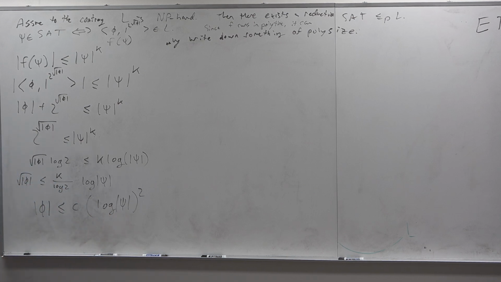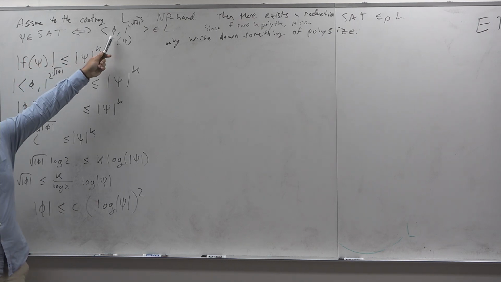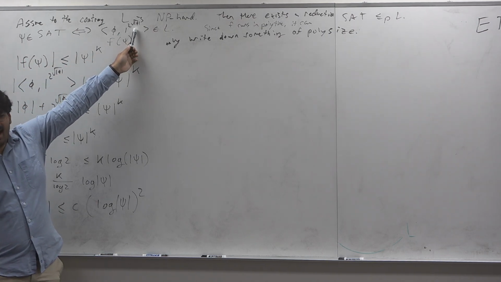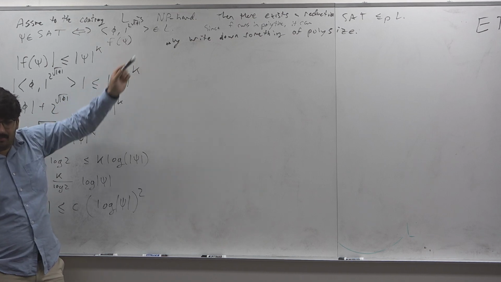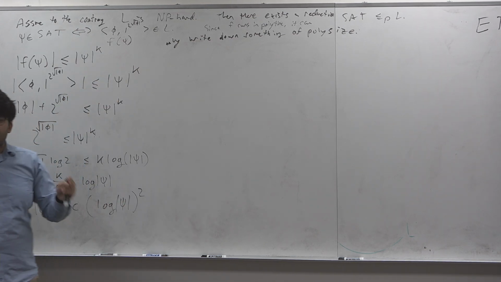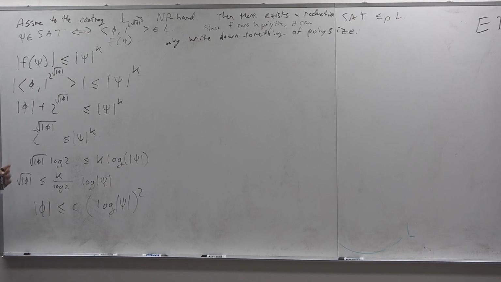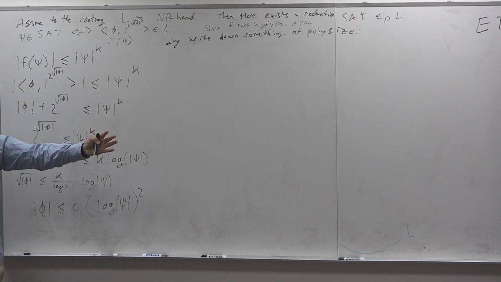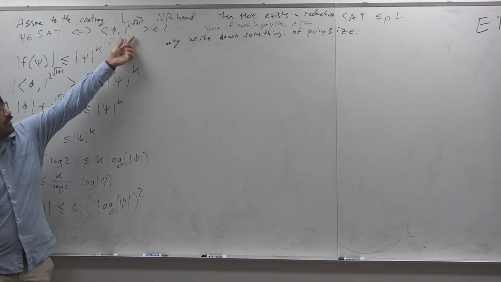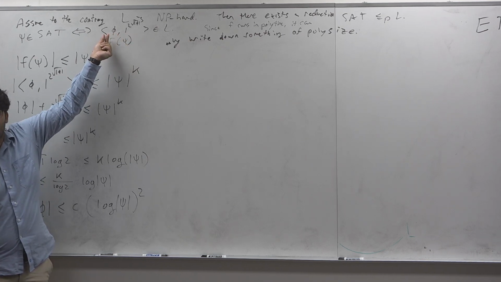If you think about it, a polynomial time reduction has to take some formula and map it to a padded formula. But if the formula has quasi-polynomial padding, and a machine can write down such a big thing in polynomial time, it must be the case that phi is inverse quasi-polynomially smaller in order for that to make sense. A polynomial time algorithm cannot write down something so big unless this was small.